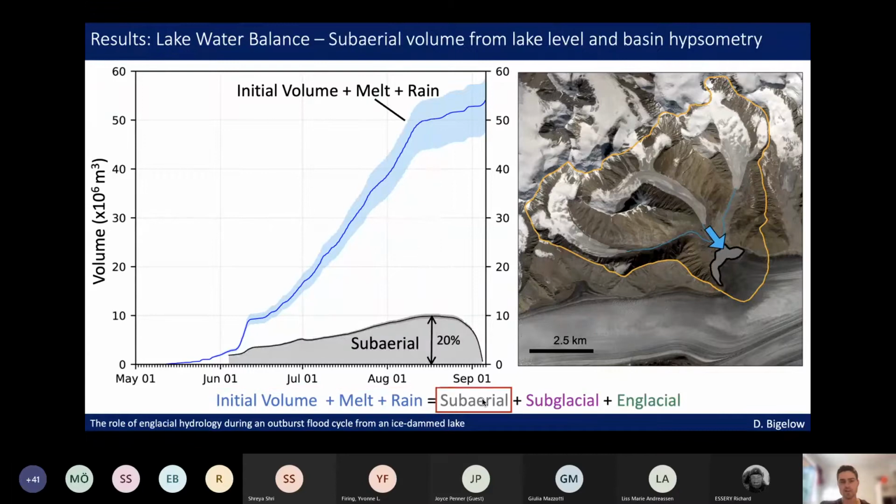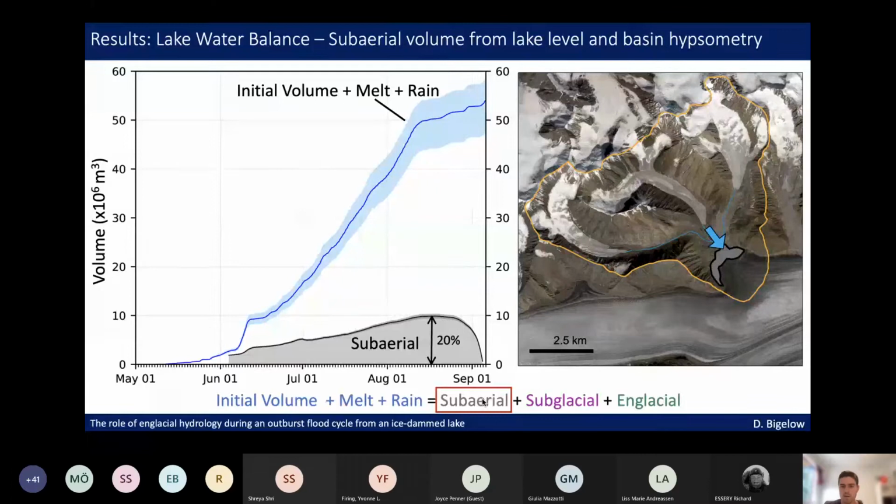Secondly, we can also calculate the subaerial volume fairly simply by looking at the lake level as well as the hypsometry. We had a DEM of the empty lake, so we can estimate the subaerial volume fairly accurately. And what we found was really interesting was that the subaerial volume only accounts for about 20% of the total volume in the lake before drainage.